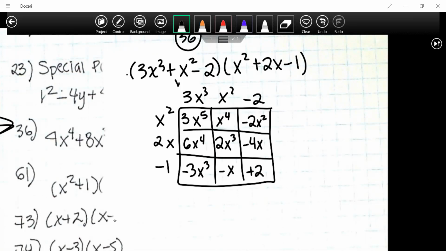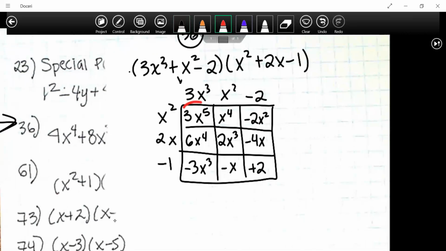Okay. We definitely want to be able to add up our terms now. So our terms are going to be the highest power first. So 3x to the fifth. And then we're going to kind of go diagonal here. So this is going to be, what is that? 7x to the fourth. Continue on going.